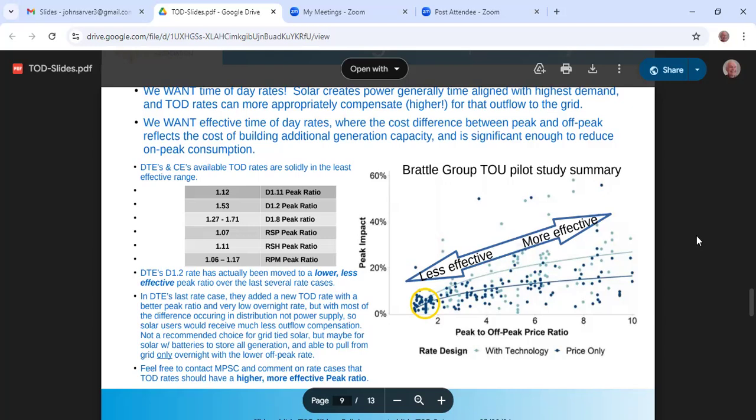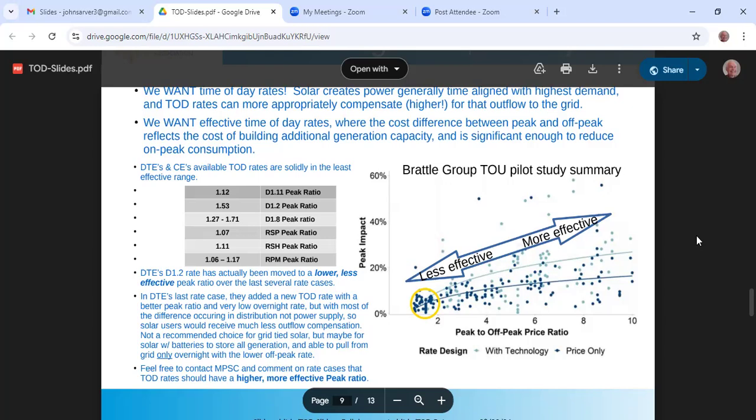And every rate case, at least DTE I've plotted and looked at, they move it to a lower, less effective rate every time, because they want to make it not so painful for people to use energy during the day when they would like the excuse to build more capacity.